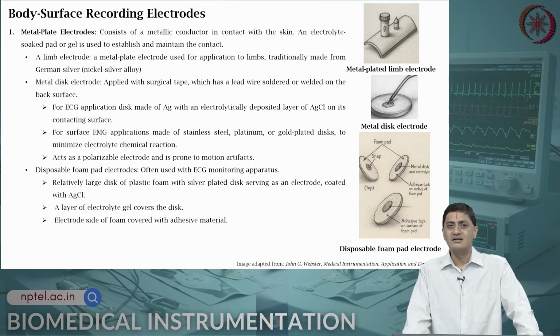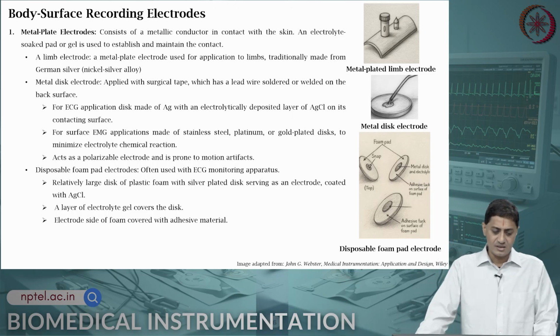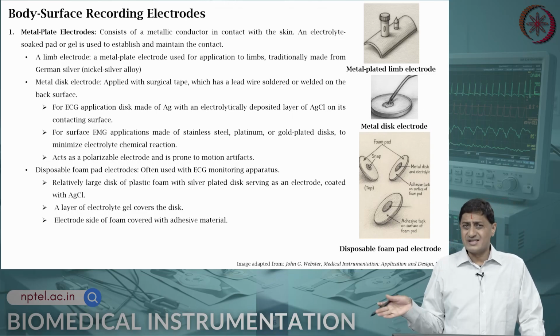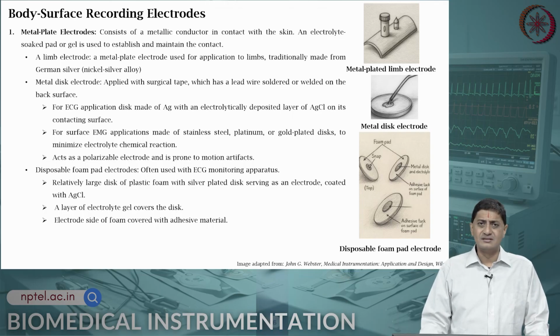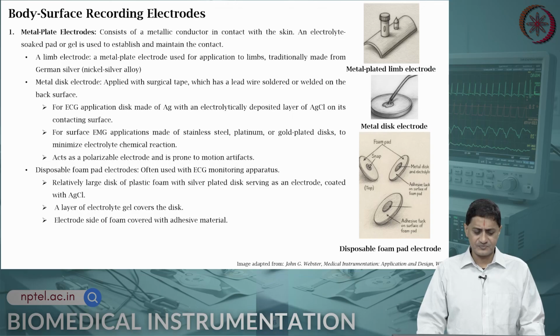In general, if it is a recording electrode, you are looking at non-polarizable electrodes of the type silver chloride, or if it is a stimulating electrode, in general you are looking at polarizable electrodes like platinum, for example. Of course, variations exist and details will vary, but this is the general theory.